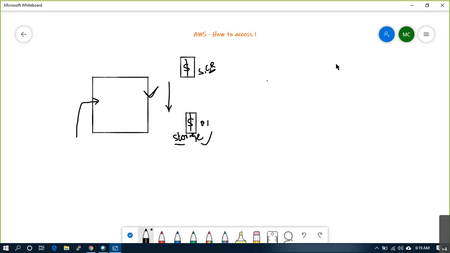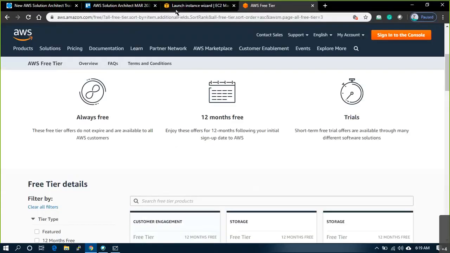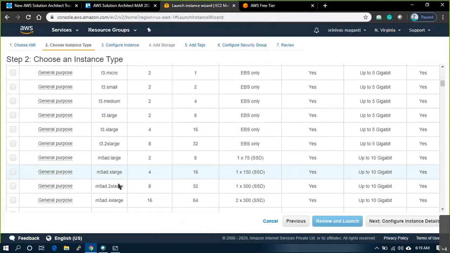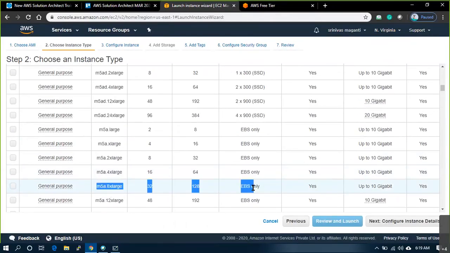Let's say for a server, I'll give you a rough estimation: this is a T2 micro and that is B2S, or this is a large server. For this, let's say for example, around 12,000 rupees per month. The same server on Azure, maybe I'm getting it for 19,000.